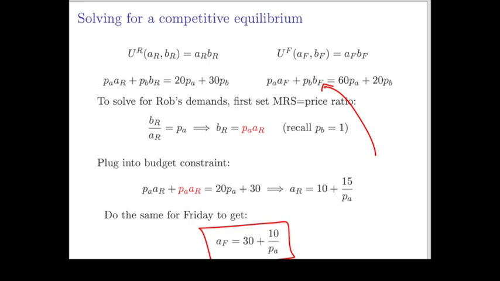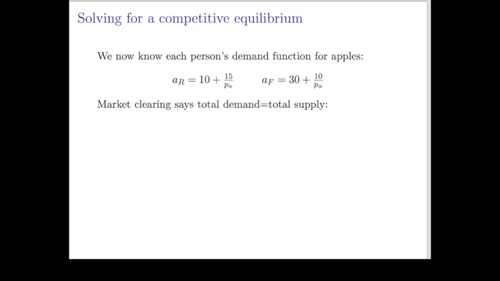Okay, so now we have the demand for apples for both Rob and Friday. The next thing to do is remember that we need these to equal the total supply. Right? So we know what the demands are, and we want the total demand equal to total supply.